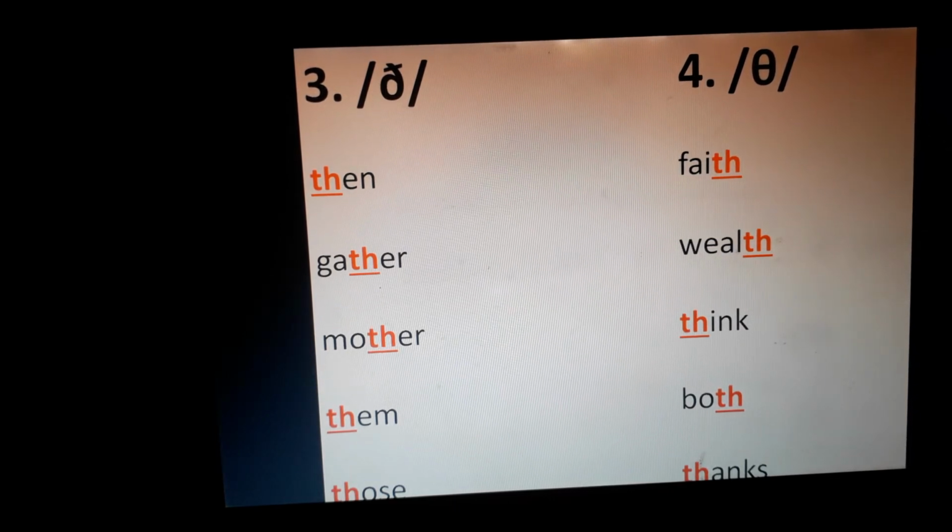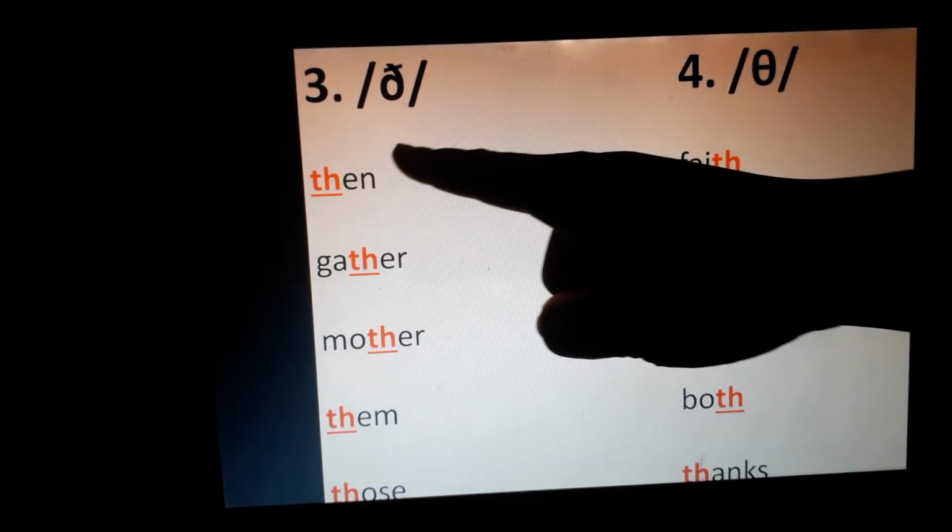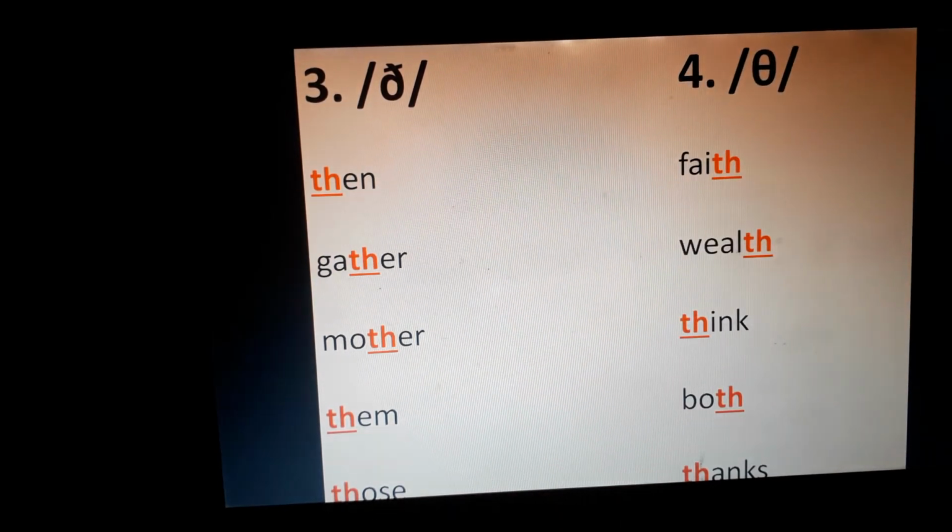Let's look at examples. Under number 3, we have then, gather, mother, them, those. For number 4, we have faith, wealth, think, both, thanks.